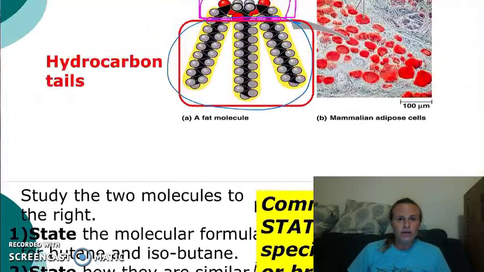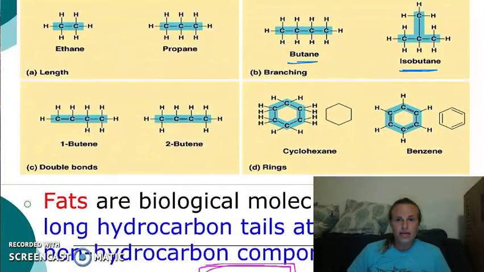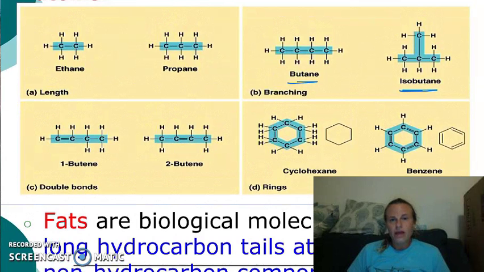So if we look at these two molecules, butane and isobutane, let's talk about their similarities, their differences, and how we can uncover their formula. All we need to do is count how many carbons and how many hydrogens to determine the formula.